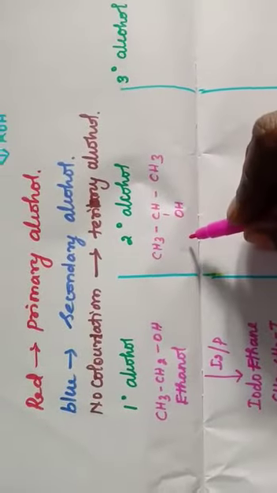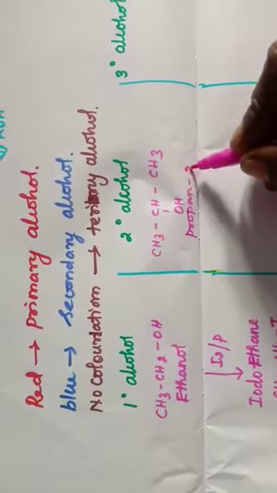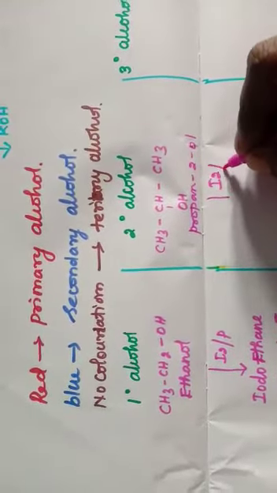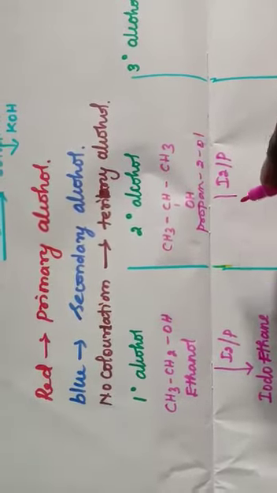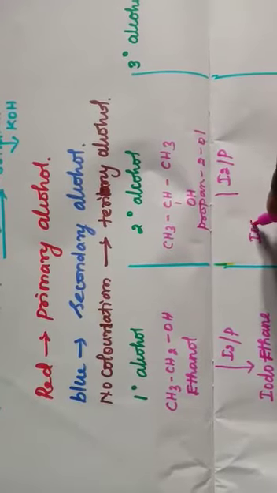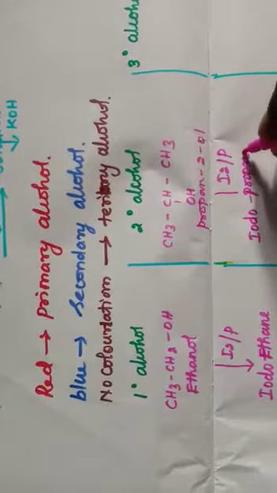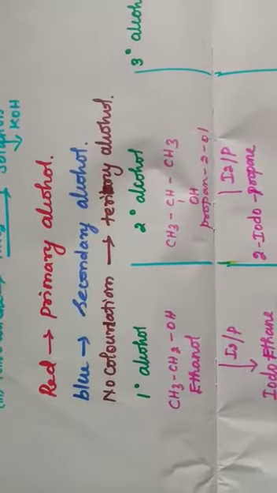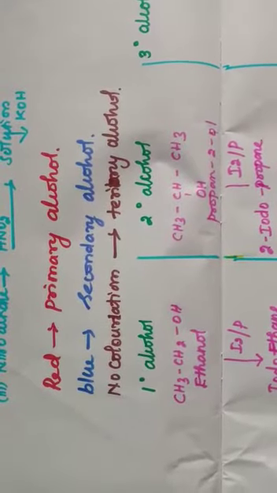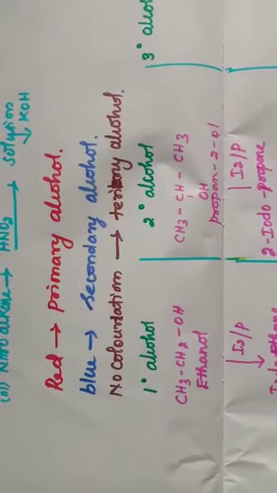Secondary alcohol, the name of this compound is propan-2-ol. Now this is treated with iodine and phosphorus, and we will be getting 2-iodopropane, that is CH3CHICH3, where the OH group is removed and iodine is added.